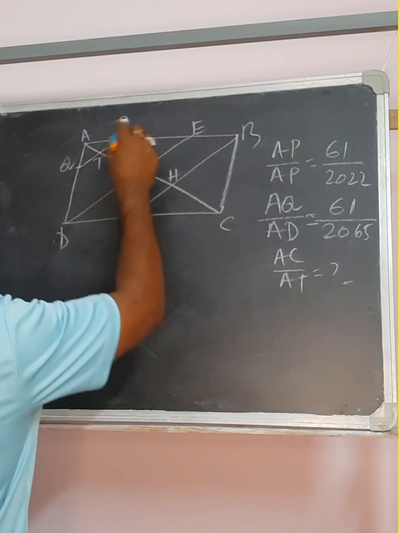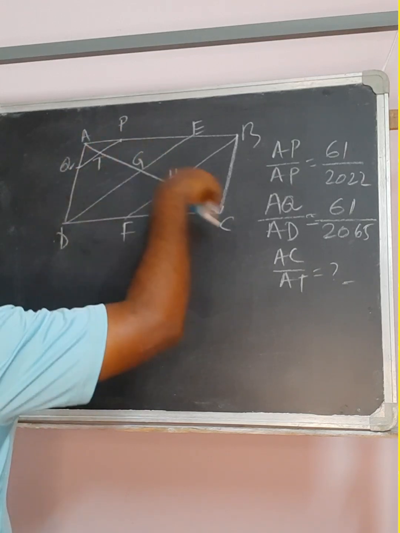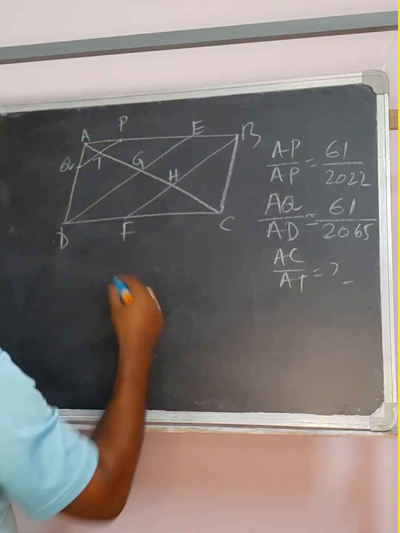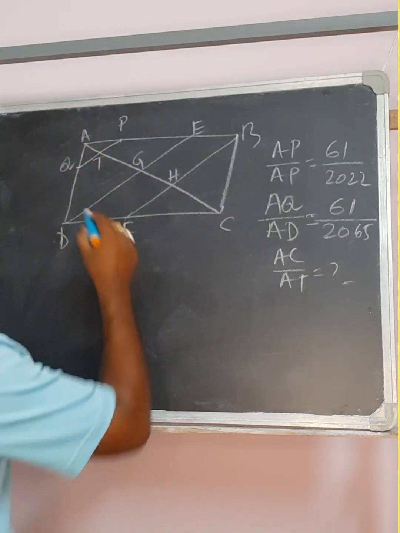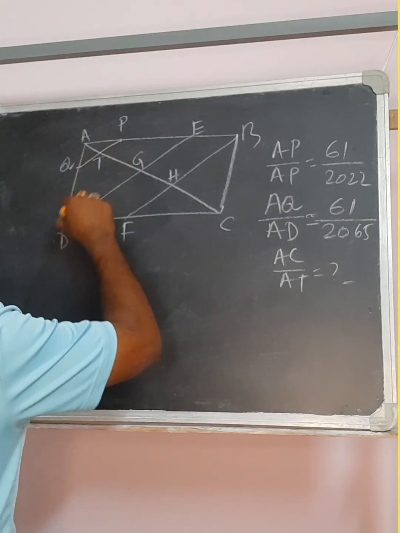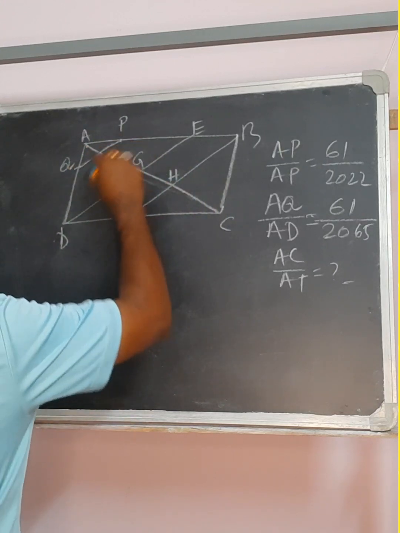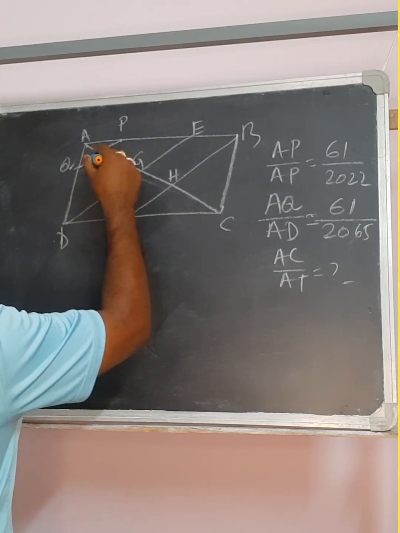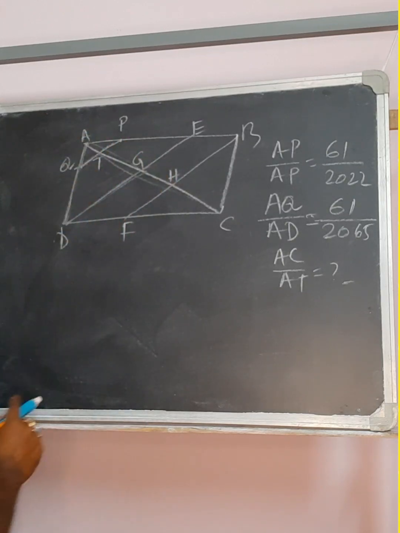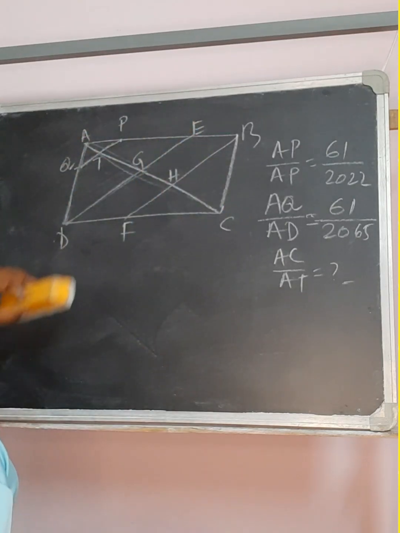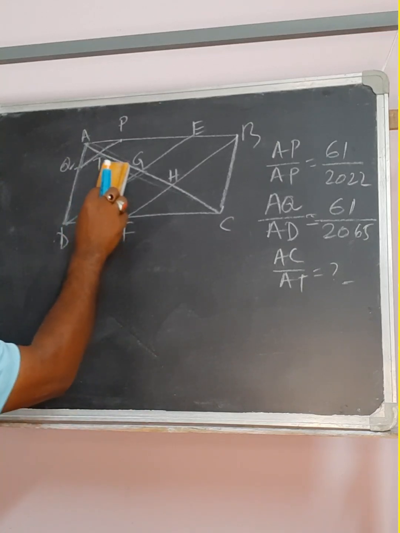Now whenever these parallel lines are cut by other lines, the triangles formed are similar triangles, which need not be proved. That means this line is cutting two parallel lines, so from the symmetry I can say this triangle and this triangle are similar. All other things can be explained similarly.